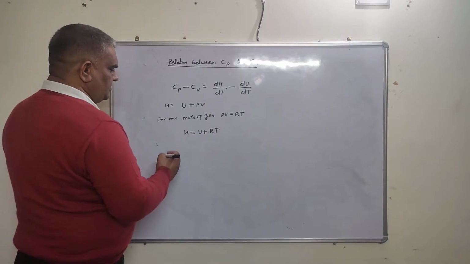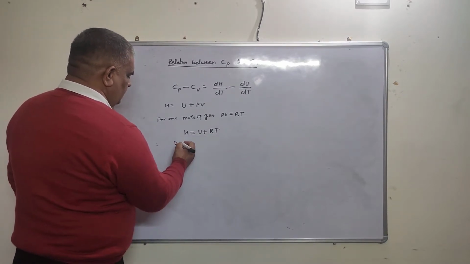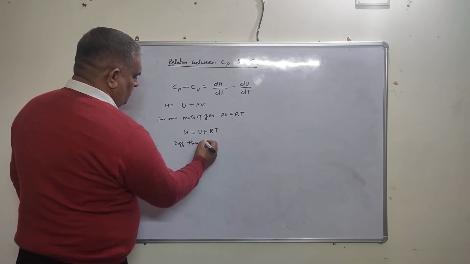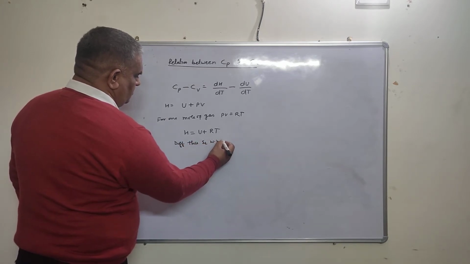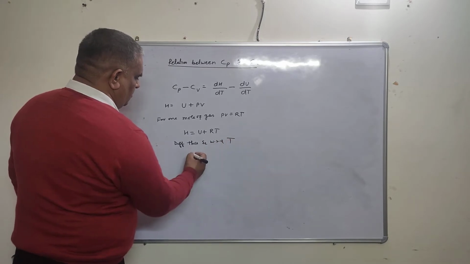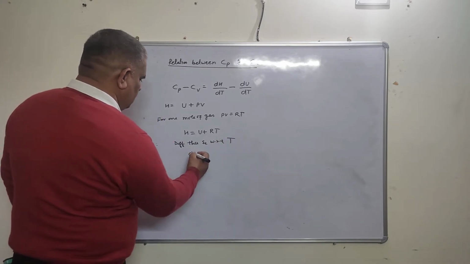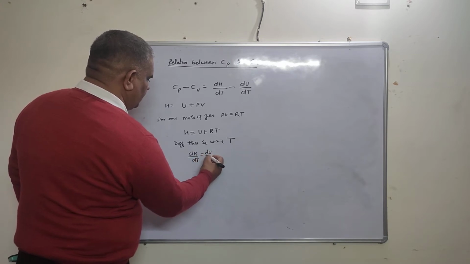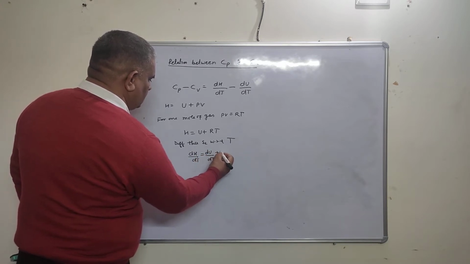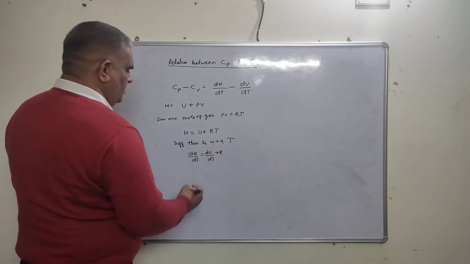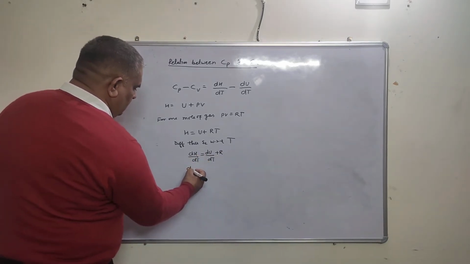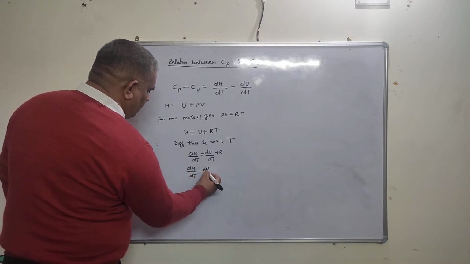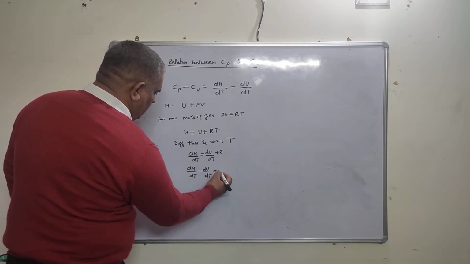Differentiate this equation with respect to temperature. So we get dH by dT equals dU by dT plus R. R is constant, so bringing it to this side, dH by dT minus dU by dT equals R.